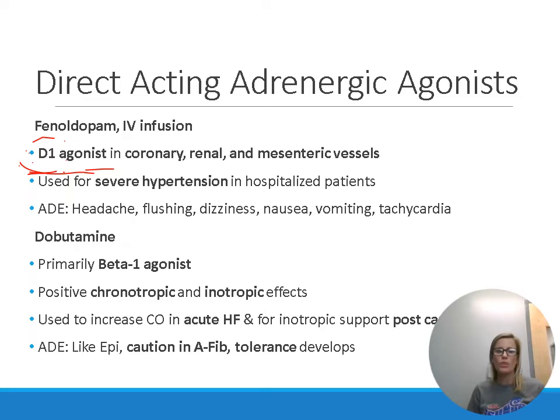So obviously we try and lower the blood pressure as well, but in the meantime, we can also give Fenoldopam in order to protect their organs while we're trying to decrease the blood pressure, because it opens up those vessels so that at least the pressure in those organs is not as high. It's given via IV infusion because it has extensive first-pass metabolism.